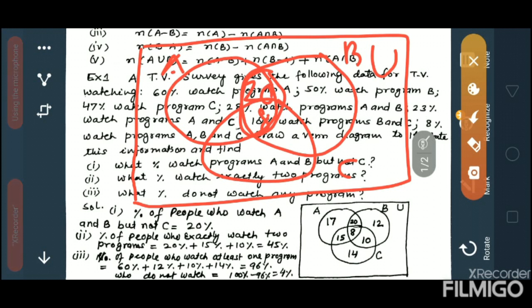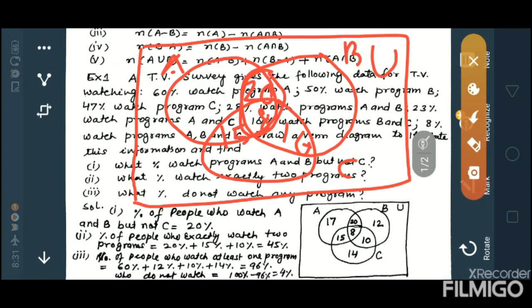So this is 20. Now 23 watch programs A and C. Here is A and C. 23 minus 8 means 15. 15 watch only A and C, not B. Now 18% watch B and C, so this will be 10 here.